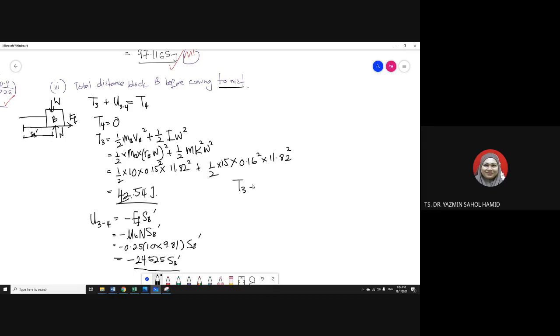So write down the formula again. It will be 42.54 minus 24.525 SB prime equals 0.